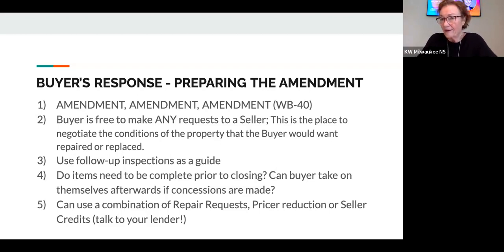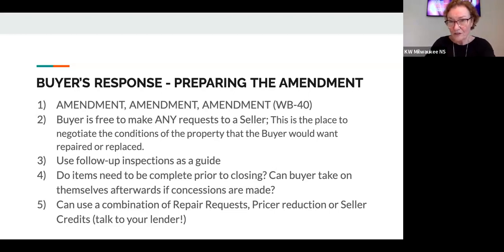The more detailed your amendment is, the more you can resolve any sort of agreements between you and the buyer, between you and the seller.